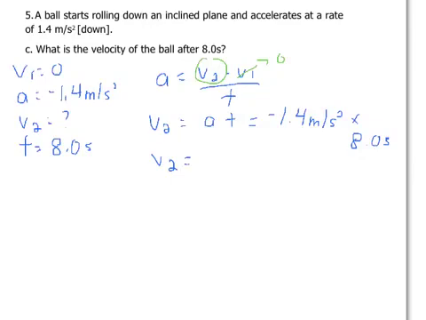Putting that into our calculator, it tells us it's negative 11.2 meters per second. Rounding for sig digs and putting in direction notation, our final answer is 11 meters per second down.